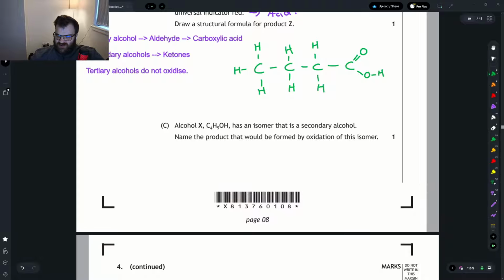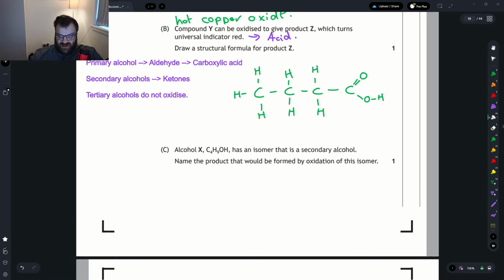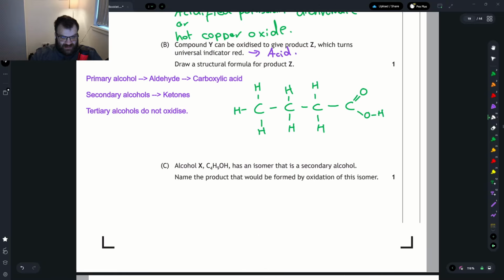Next one, we have an isomer that is a secondary alcohol. Name the product formed by that. Secondary alcohols go to a ketone. A ketone with 4 carbons would be butan-one. Now, I was just thinking in my head, would we have to put a number in? Well, if we've only got 4 carbons, to be secondary, where this carbon is attached to 2 other carbons, the carbon with the OH has to be there.